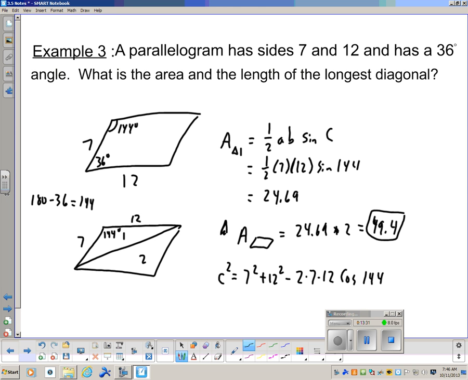So I get my root, and I'm getting about 18.1. So this is the length of the longest diagonal. And this is the area of my parallelogram at 49.4. So we have those.